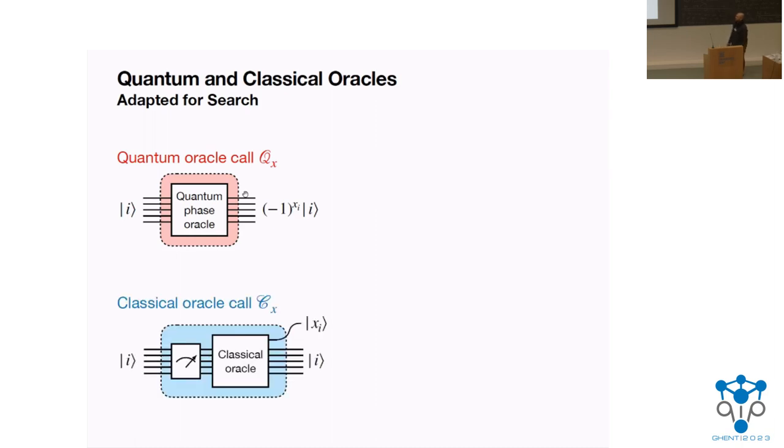As for the classical oracle, even if our quantum algorithm tries to call it in a superposition, what we first do is non-destructively perform a measurement on the computational basis states. Then we get one index, and we just return this index, and in addition, we output the bit xi.